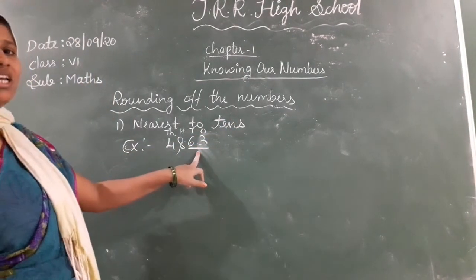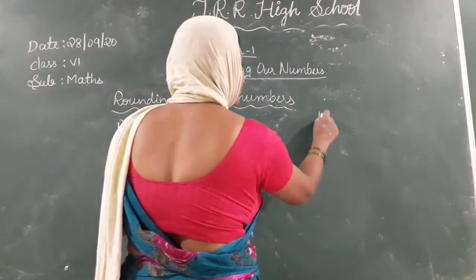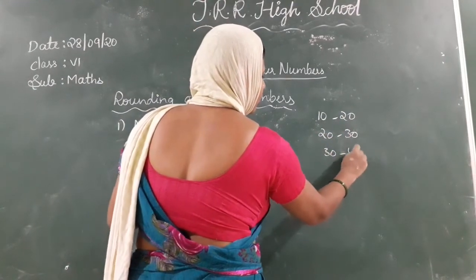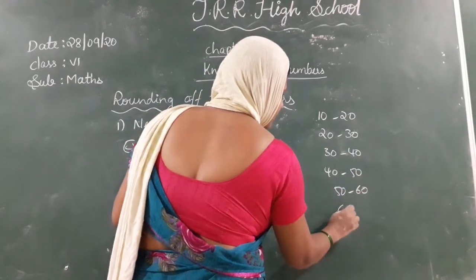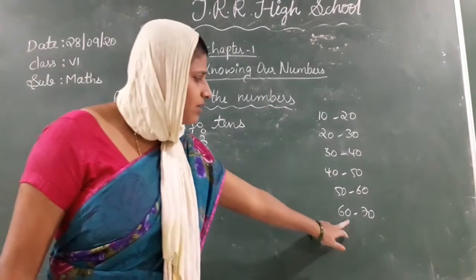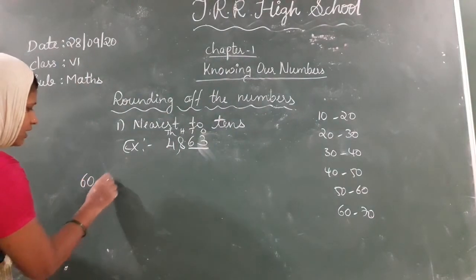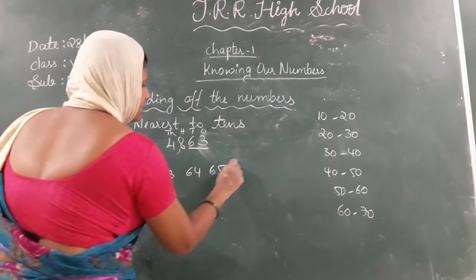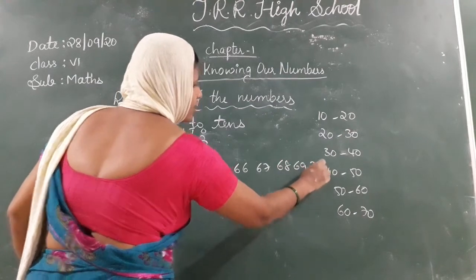So what is the number? 63. Now where does this 63 lie? Now start writing your ranges. These are the ranges: 20 to 30, 30 to 40, 40 to 50, 50 to 60, 60 to 70. Now this 63 lies between 60 and 70, with 66, 67, 68, 69 and 70.